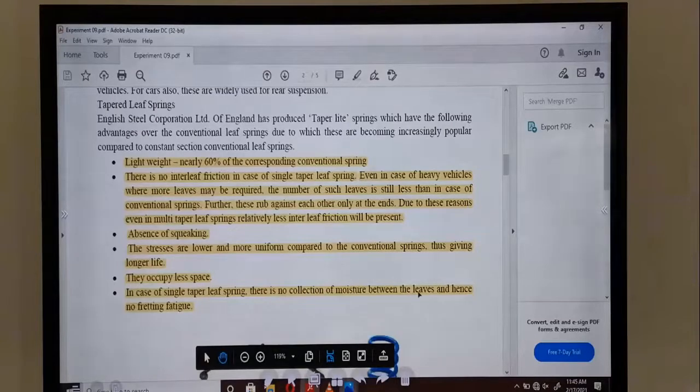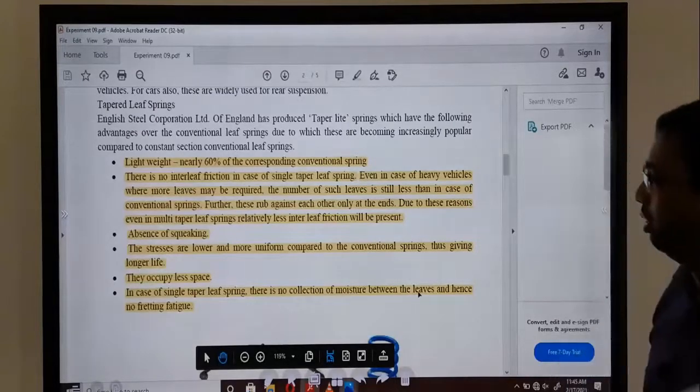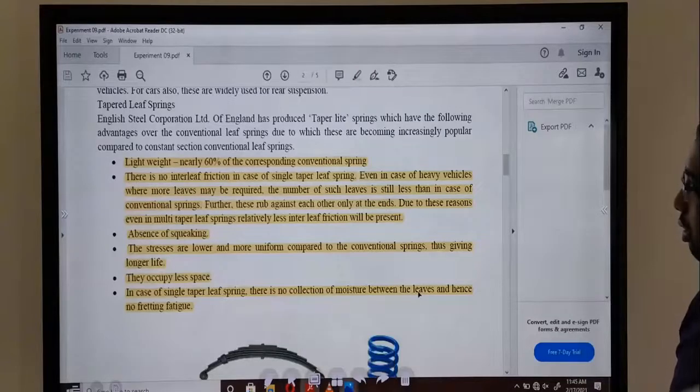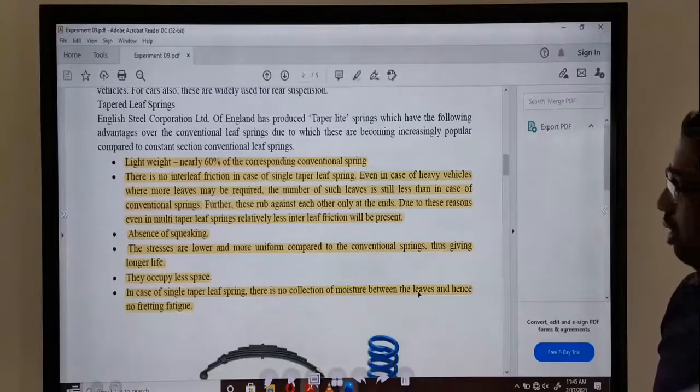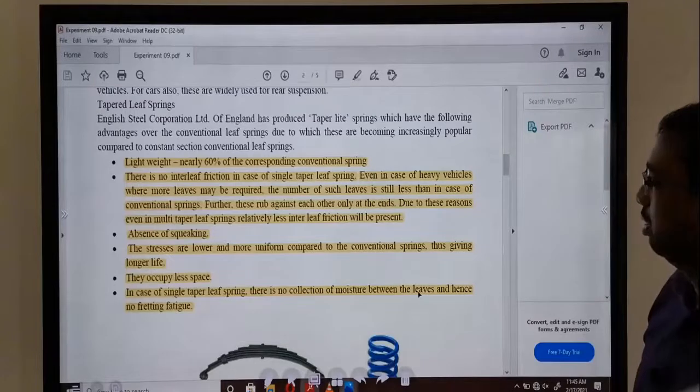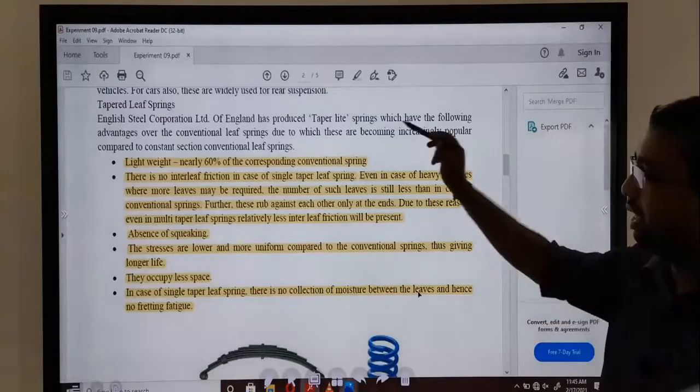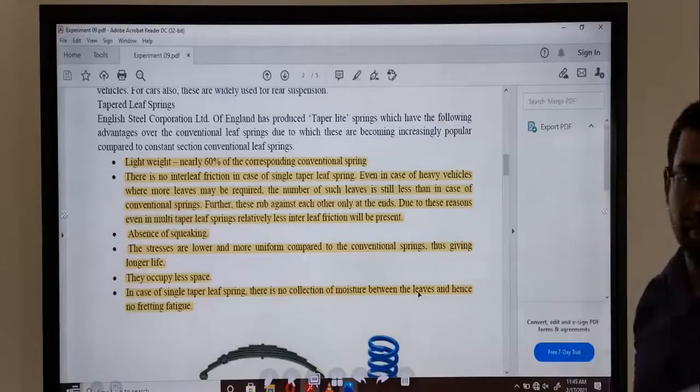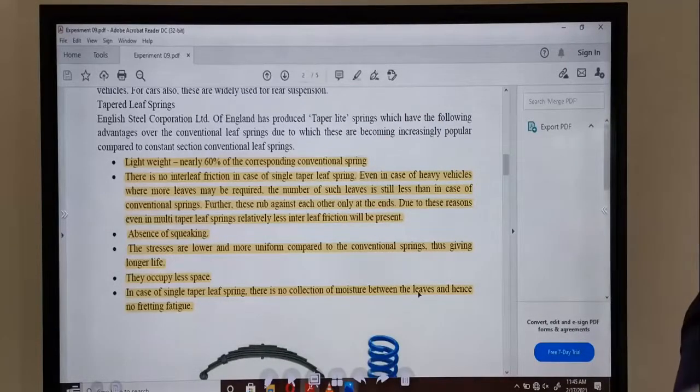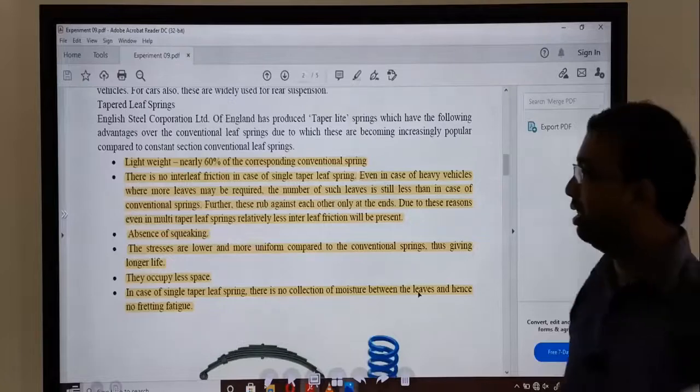So here, what are the advantages of the tapered leaf springs over other suspension systems? First is lightweight.